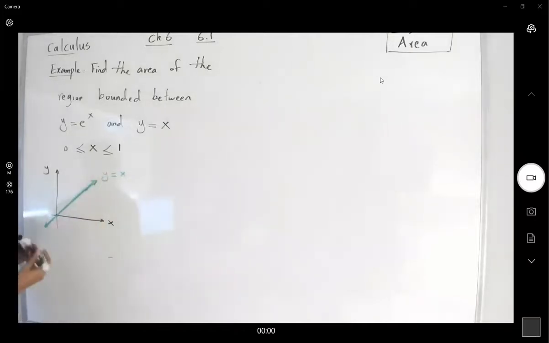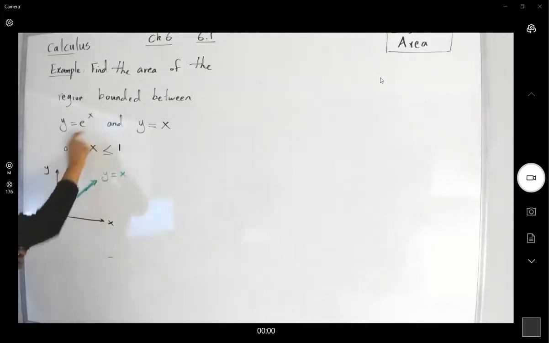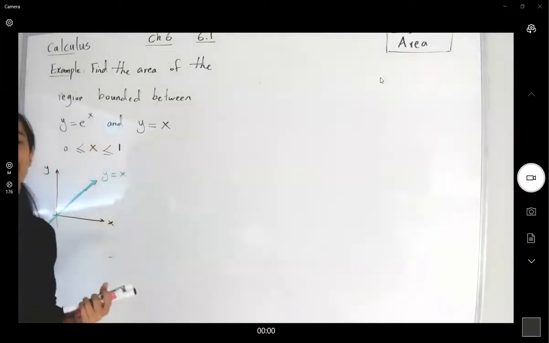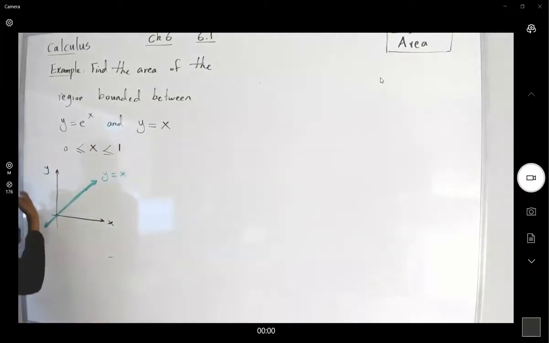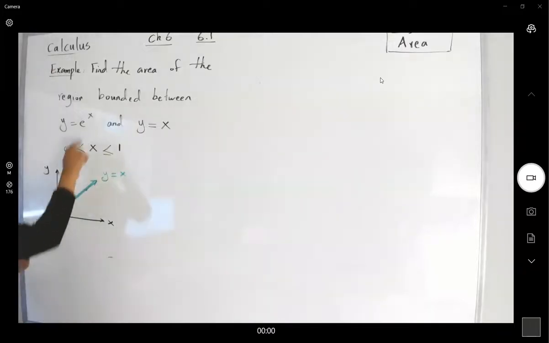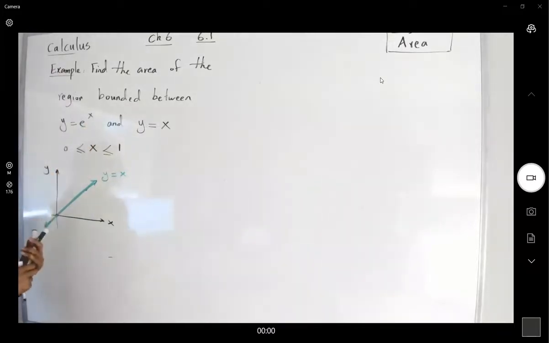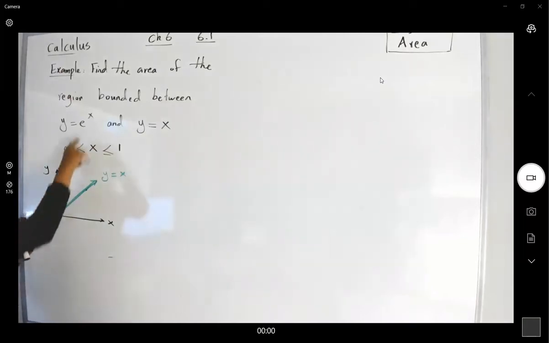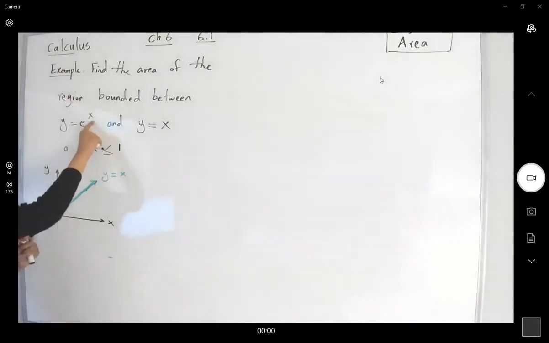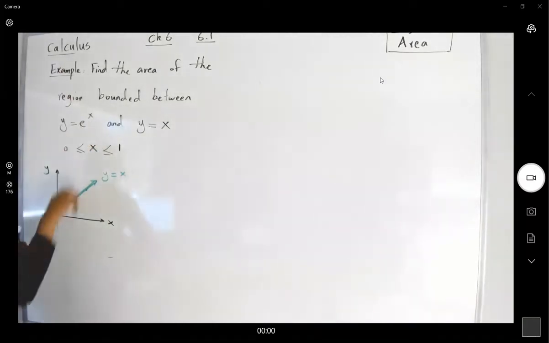Okay, that wasn't so bad. What about e to the x? Remember that e to the x is just an exponential function. So if I plug in 0 here, for y equals e to the x, what do I get? E to the 0 is going to be 1, and when I plug in 1, it's going to be e raised to the first power.